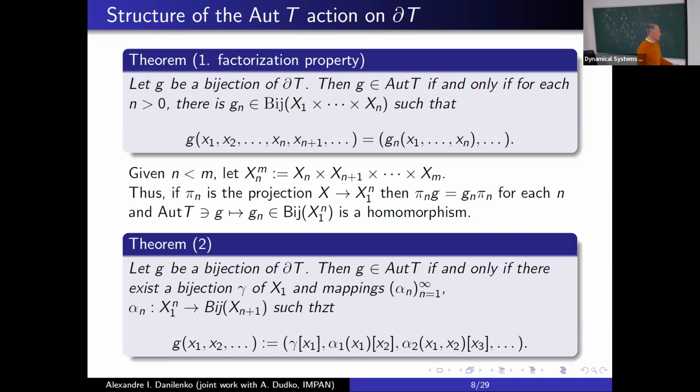Every element g which belongs to Aut(T) has the following structure, where gamma is a bijection of the first coordinate, and alpha_1 and alpha_2 are maps from the product X_1, X_2, and so on until X_n, to bijections of the next X. This gives a formula for all automorphisms of the tree, which we will use later.